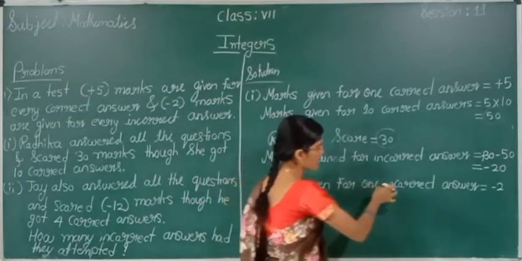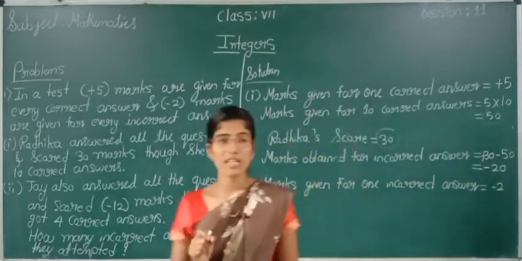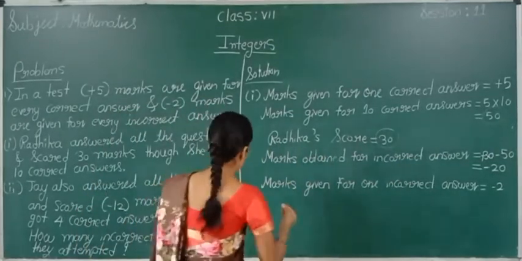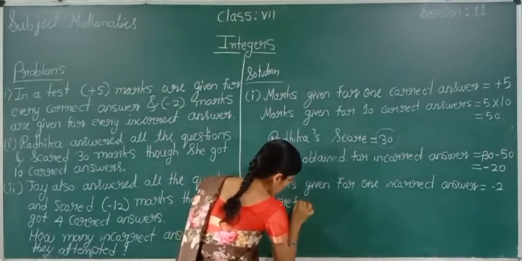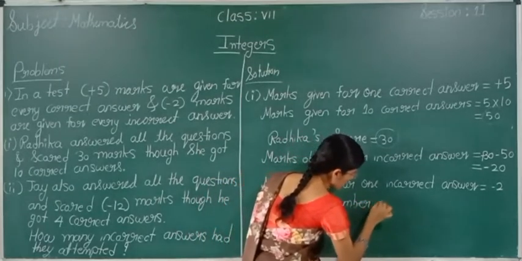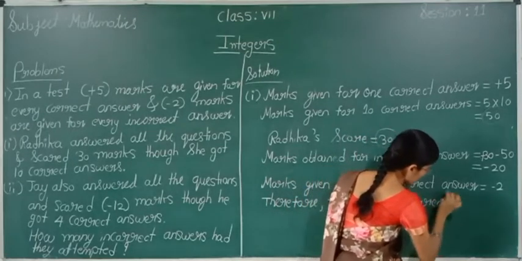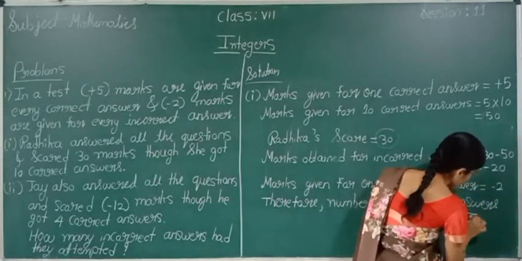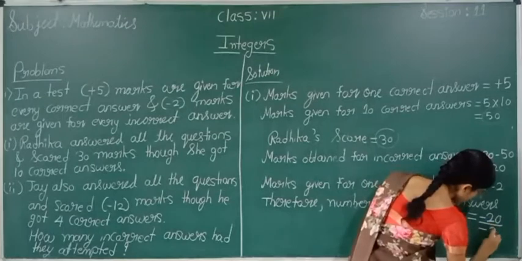Therefore, the number of incorrect answers Radhika got is -20 divided by -2.